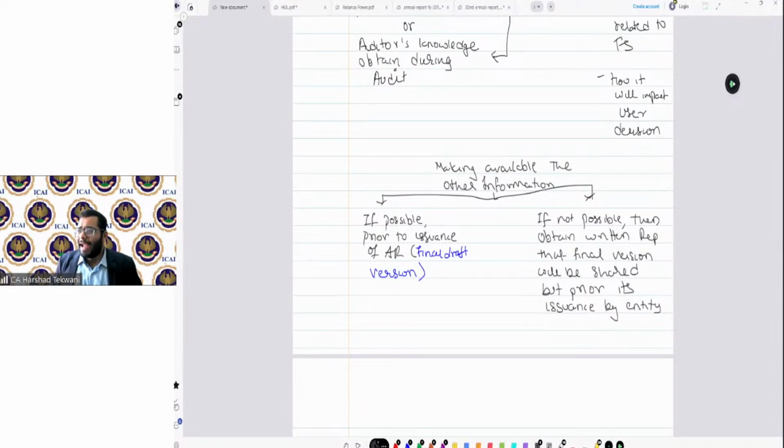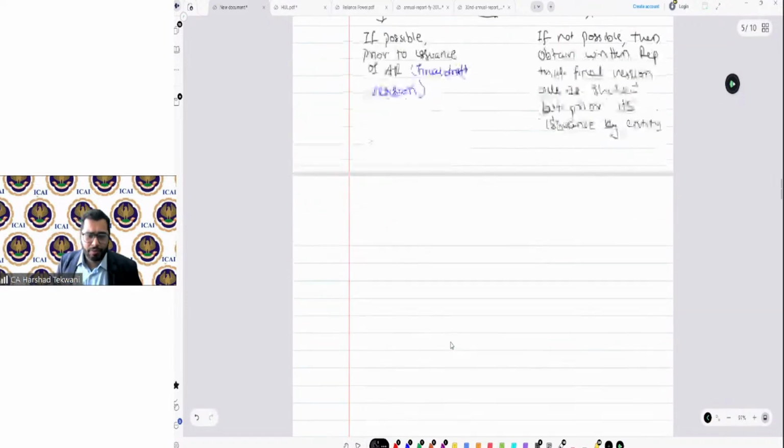Now, what if we identify a material inconsistency between the other information and the financial statements or the auditor's knowledge? In that case, we need to understand where the material inconsistency lies. So there could be three scenarios.